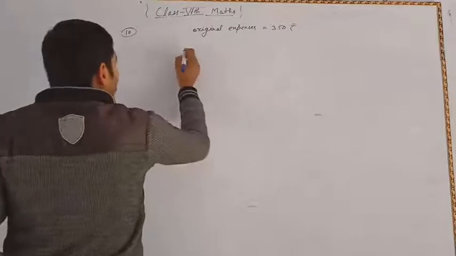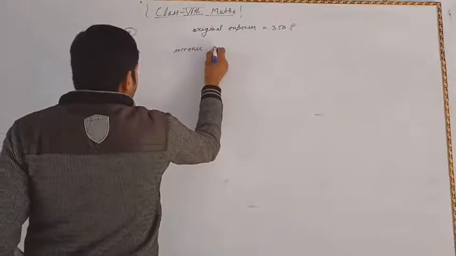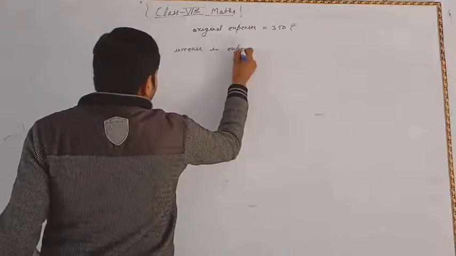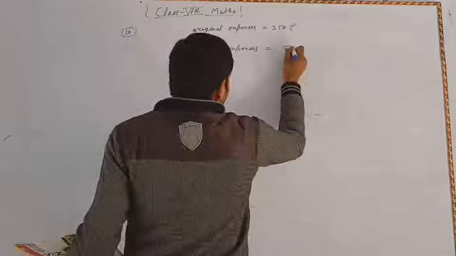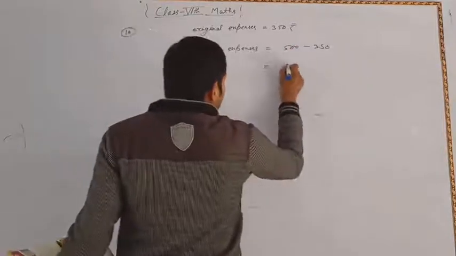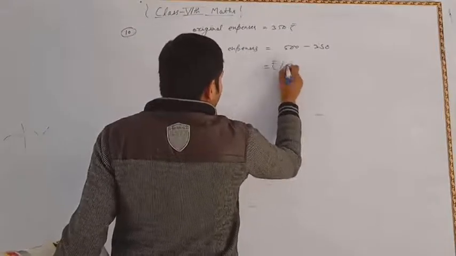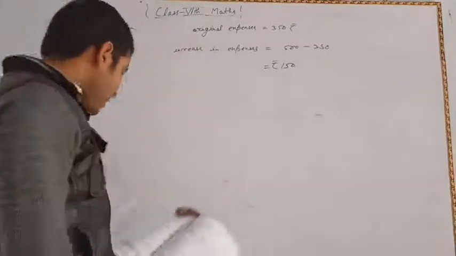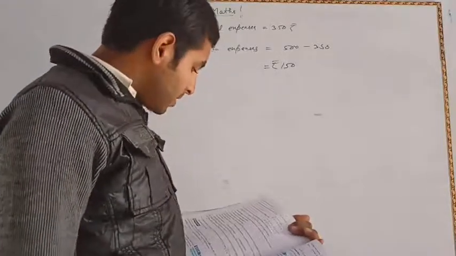So the increase in expenses is equal to 500 minus 350, which is equal to 150 rupees. Okay, increase in expenses is equal to 150 rupees.